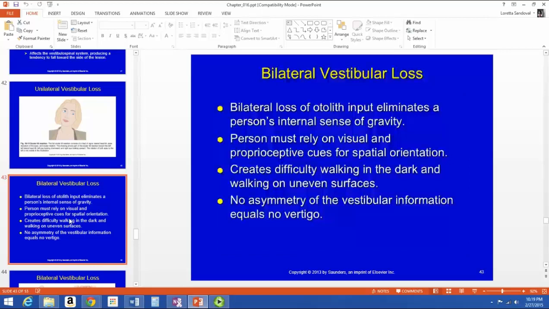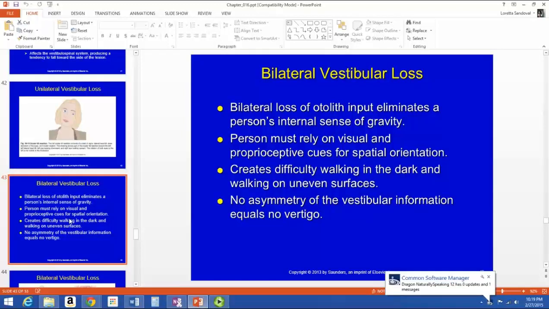So when you get bilateral loss of otolith input, it eliminates the person's internal sense of gravity. So they need visual and proprioceptive cues for spatial orientation. Obviously that messes you up when you're walking in the dark or walking on uneven surfaces. If you don't have an asymmetry of the vestibular information, you don't have any vertigo.